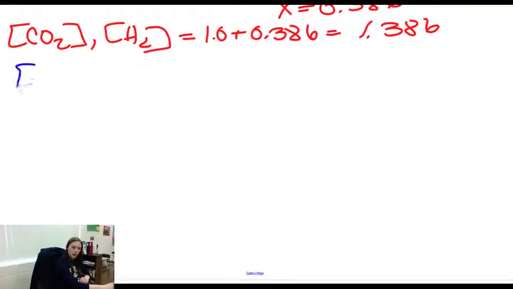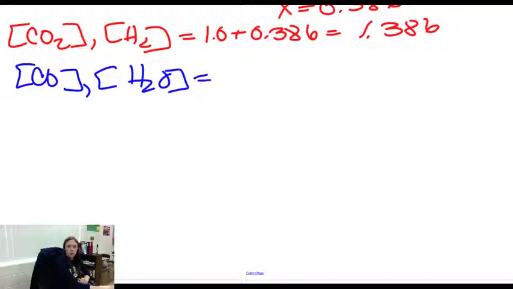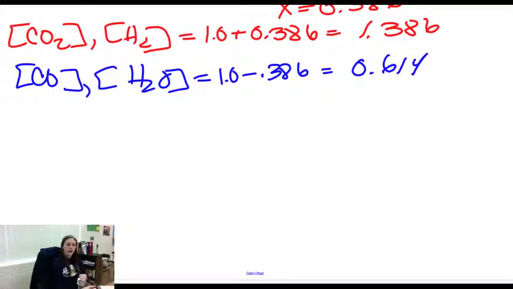So that would be my CO and the H2O. Those two are going to be 1 minus x, which is going to be 0.614. And that is what they're asking for, those two concentrations, because two of them each have the same. All right, go ahead and try the next one.